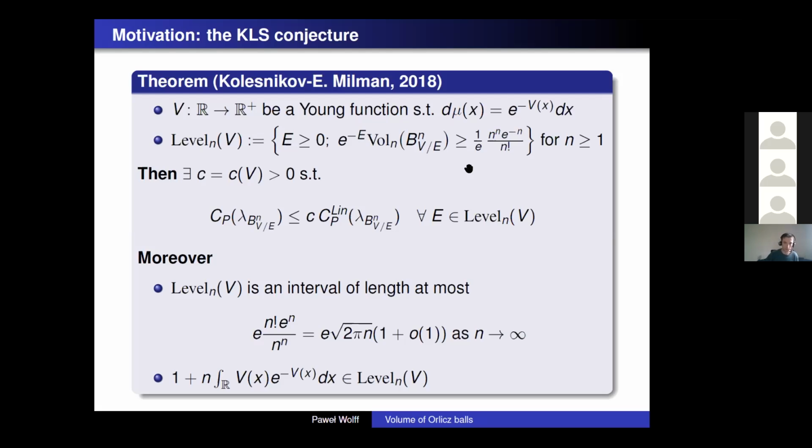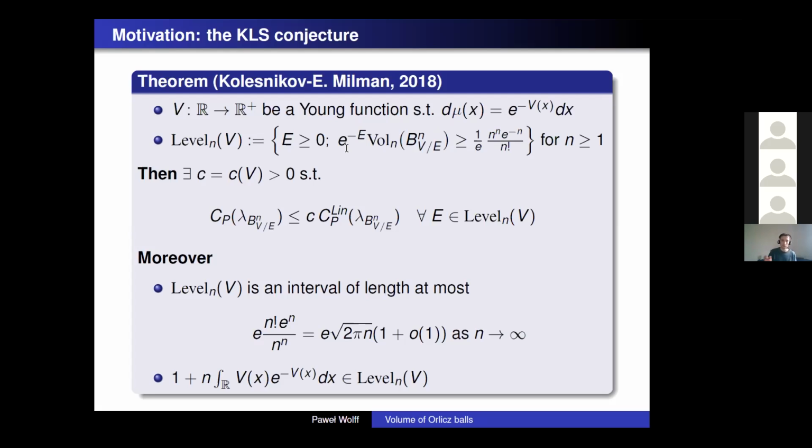Okay, so these levels are defined by satisfying this inequality, that the volume of the Orlicz ball rescaled by this level E is at least something like that. There's a factor e to the minus e here as well.